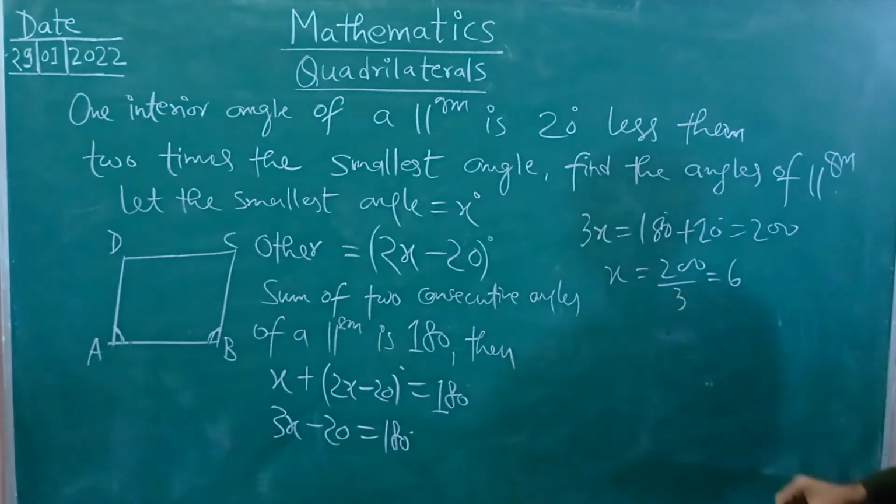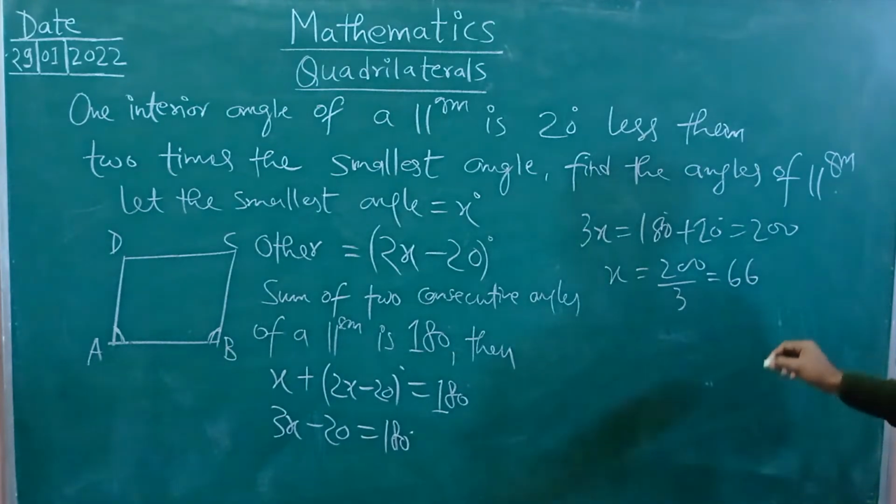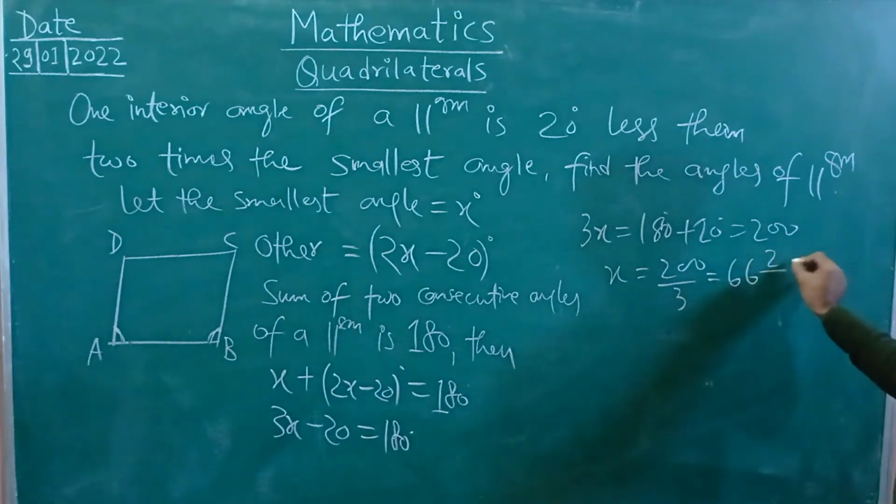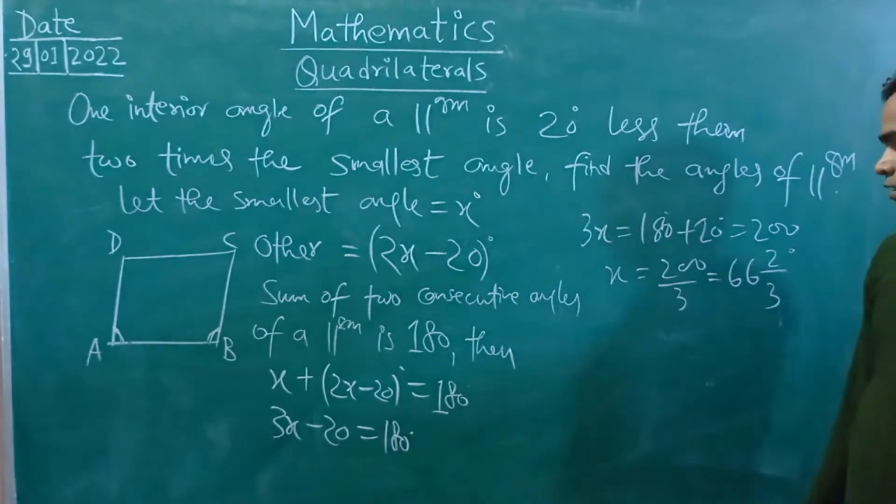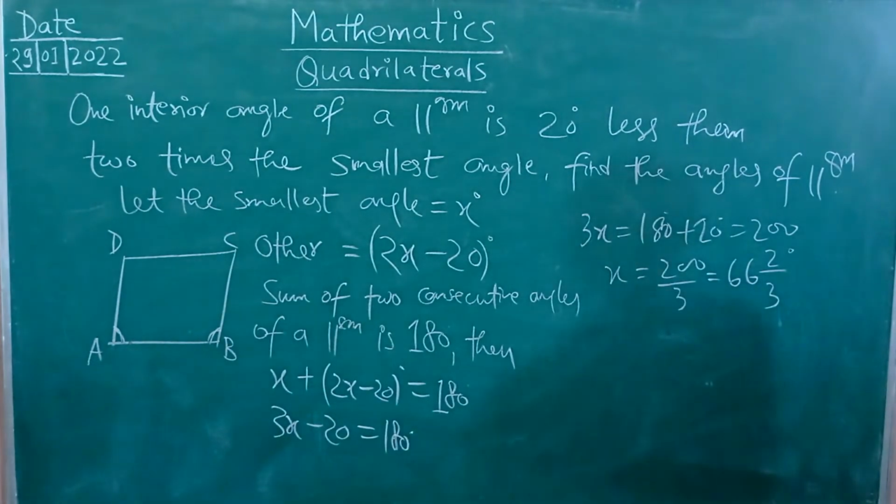3 sixes are 18, 2 remainder. 3 sixes again 18, 2 remainder. Then you can write 66 complete, 2 upon 3, the value of x.